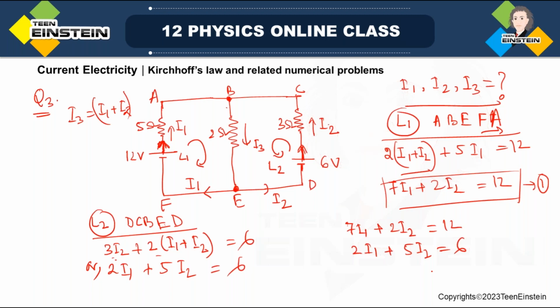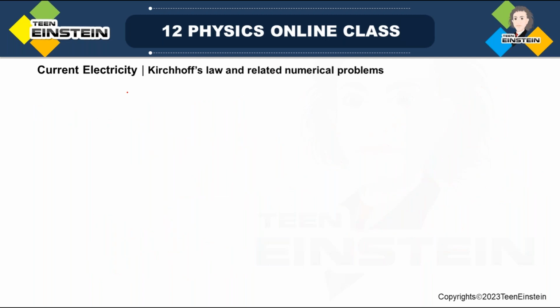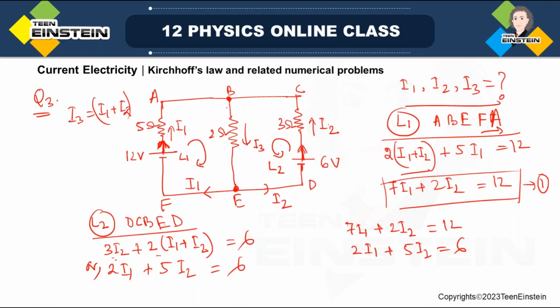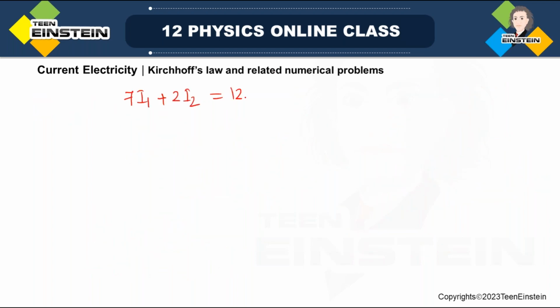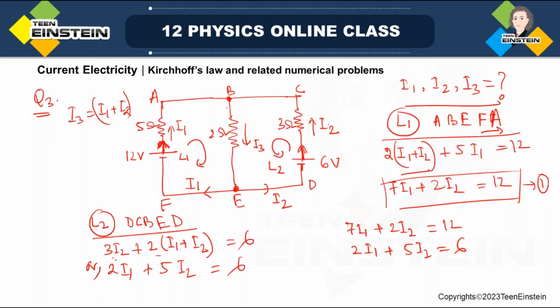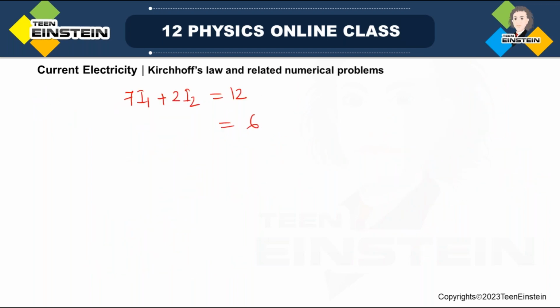Let us try to solve it. 7I1 plus 2I2 is equal to 12. Other one will be 6 anyway. So that is 2I1 plus 5I2.